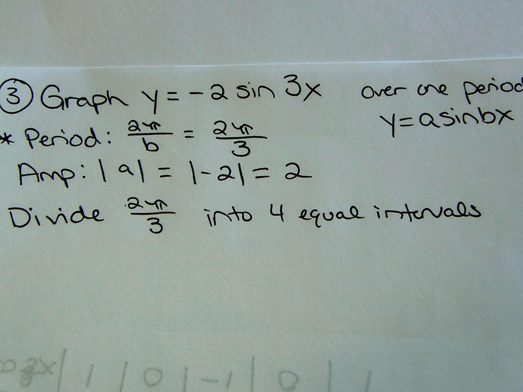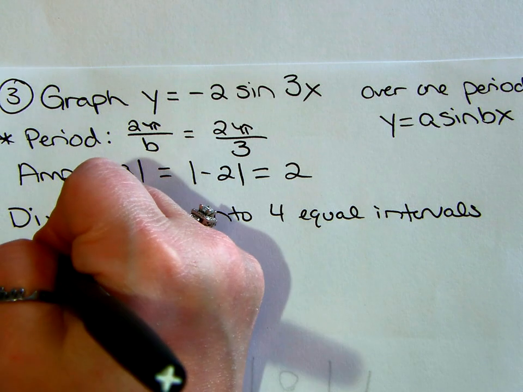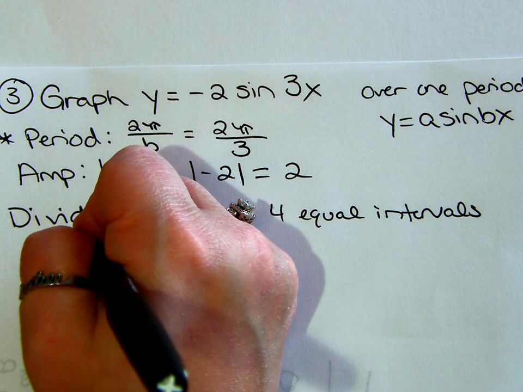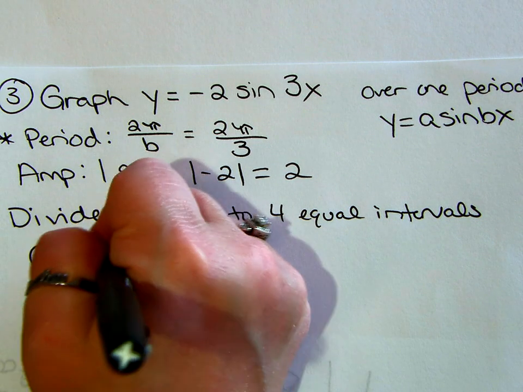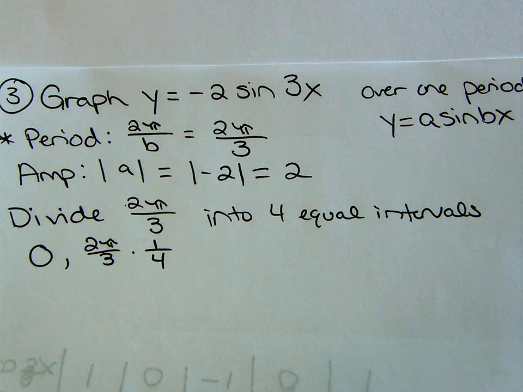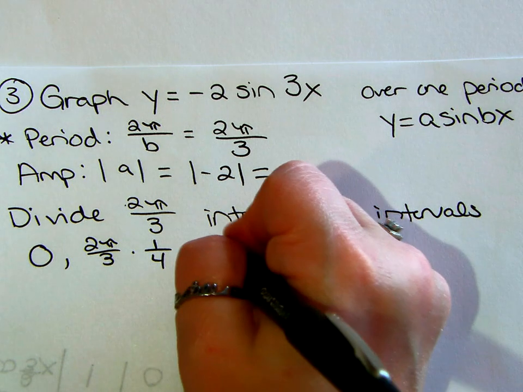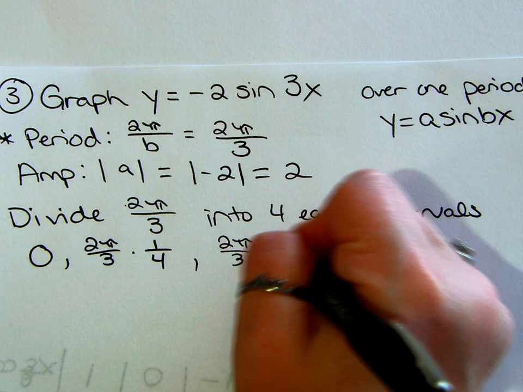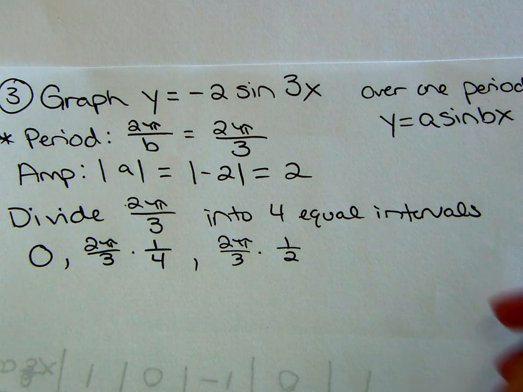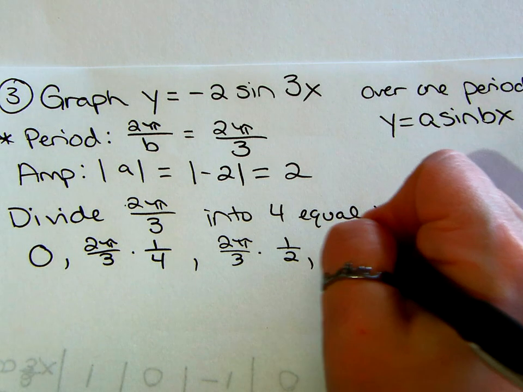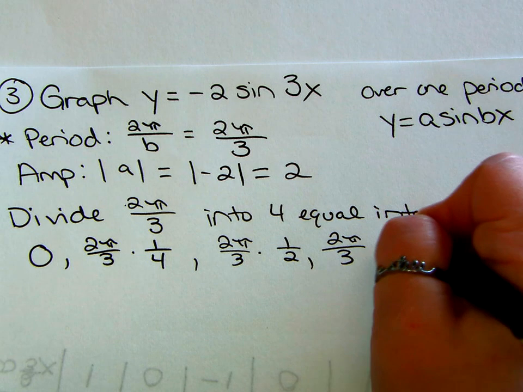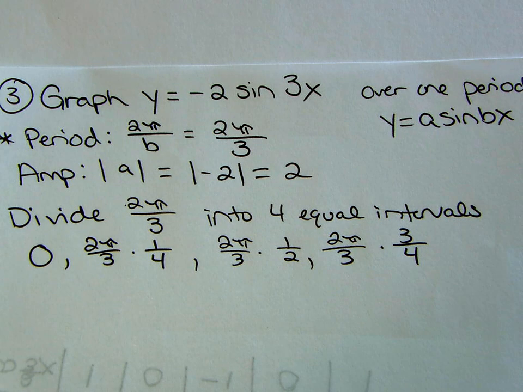Because we're going to start with 0, and then we need to take 2 pi over 3 times 1/4. And we'll need to take 2 pi over 3 times 1/2, which is the same thing as 2/4. And 2 pi over 3 times 3/4. That's the algebra we're doing in order to find these different intervals. And then we end with the 2 pi over 3.